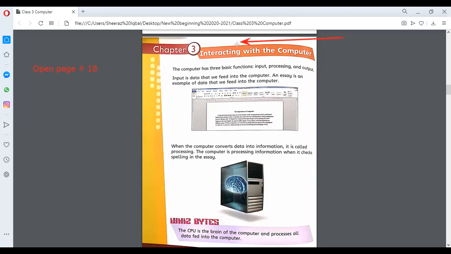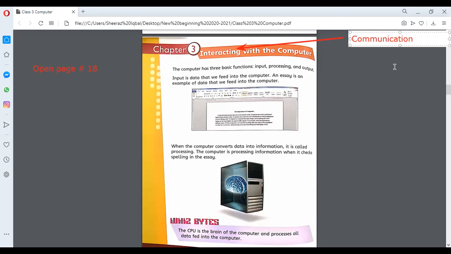Let me write the meaning of interacting here so that those who join the class late will understand what we are studying. Interacting means communication, or we can say the talk. So interaction means the communication with the computer.